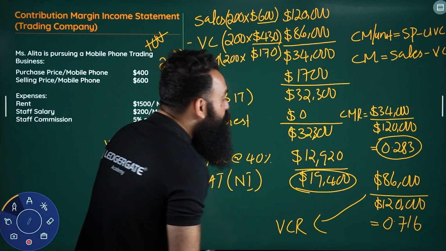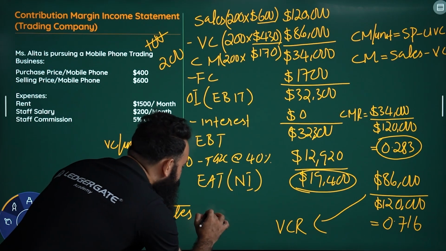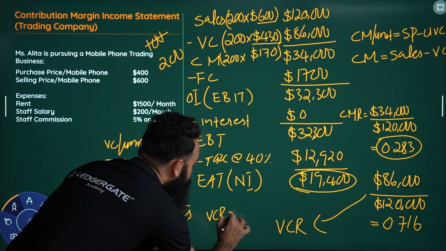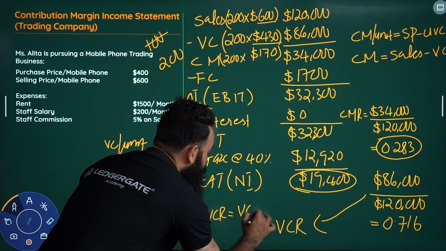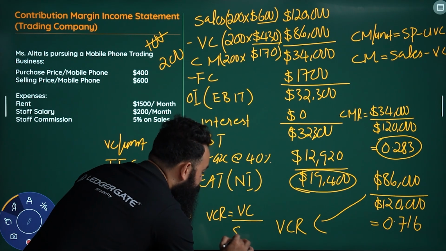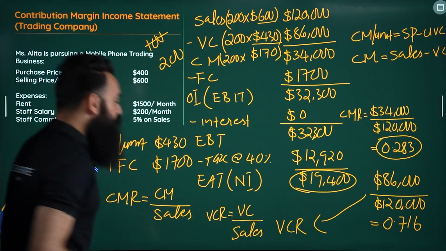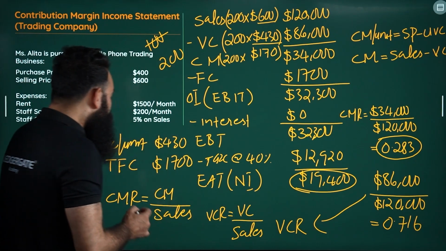Then what would be the variable cost ratio? We know that variable cost ratio is equal to variable cost in total divided by sales. So this is called variable cost ratio.